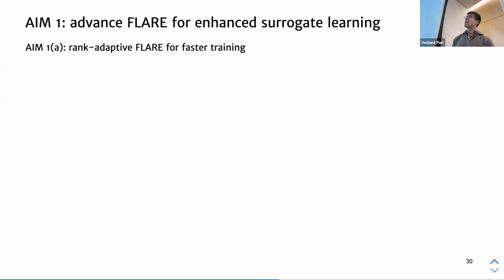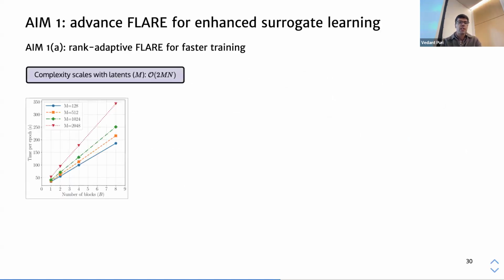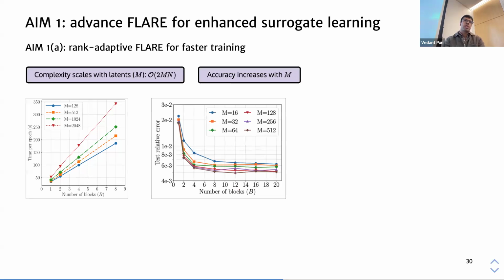Okay, let's get into aim 1A, which is to learn a rank adaptive version of Flare. Now, what we know from our previous experiment so far is that as you increase the rank or the number of latents in Flare, you get an increase in the compute time, which is expected because we are increasing the number of connections by increasing M. At the same time, as you increase the rank or the number of latents, you see a commensurate drop in error or an increase in accuracy, which is desirable.